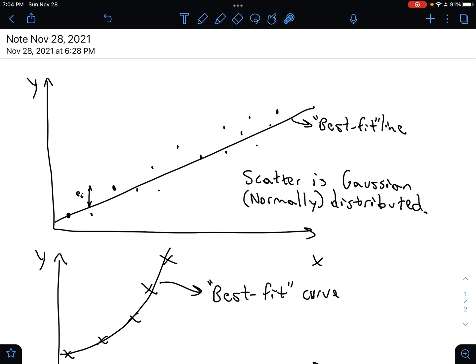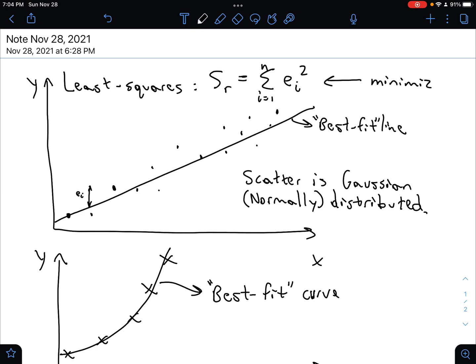So the mathematical criterion is normally referred to as the least squares criterion. Which means if I say S sub R is going to be the sum on I, so I equals 1 to n, all of the data points of E sub I squared, I want to then minimize this quantity.